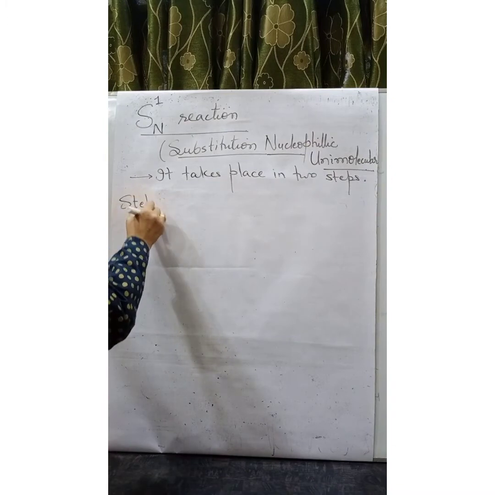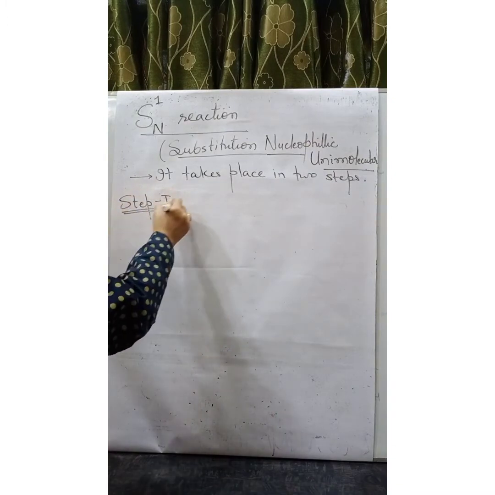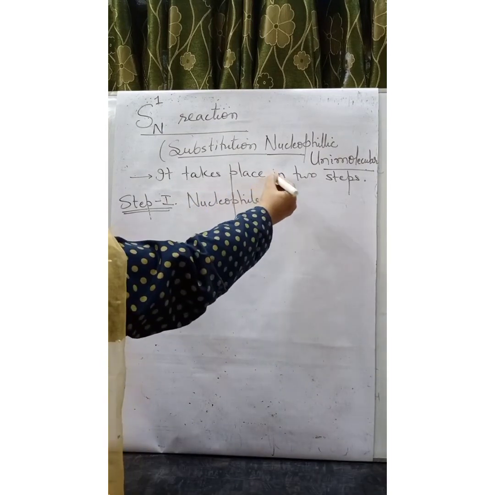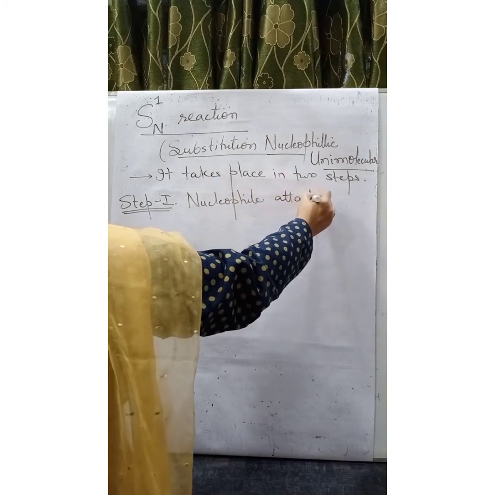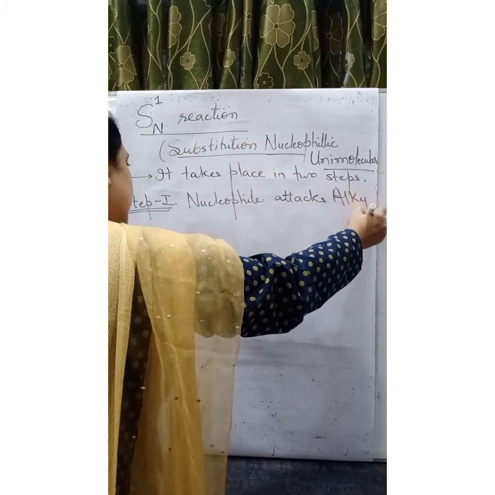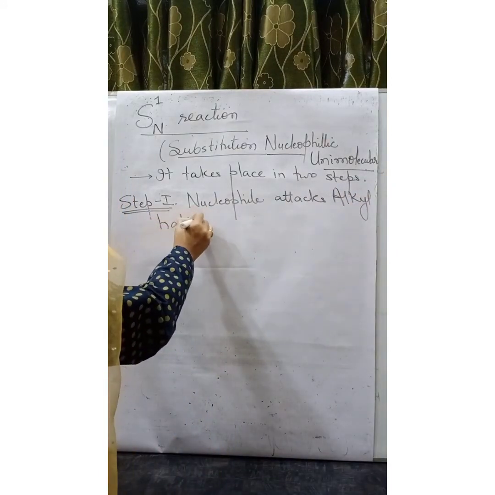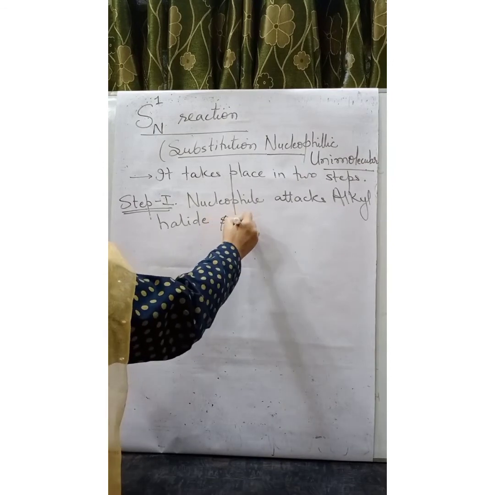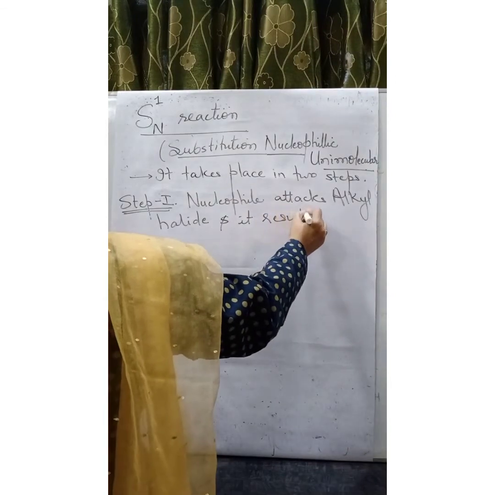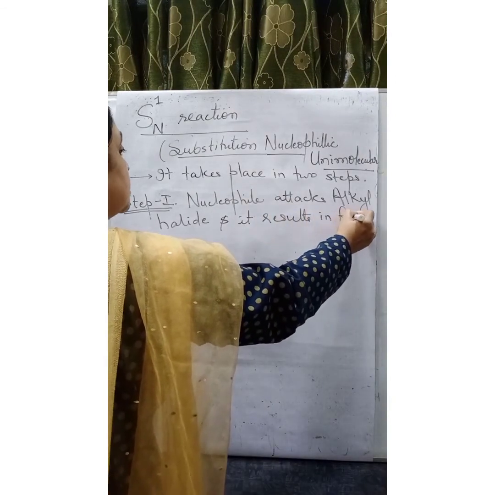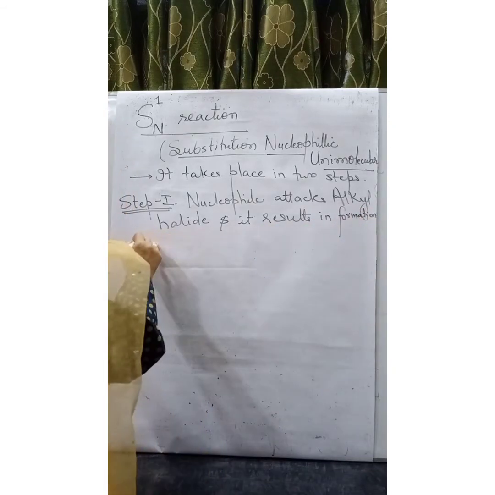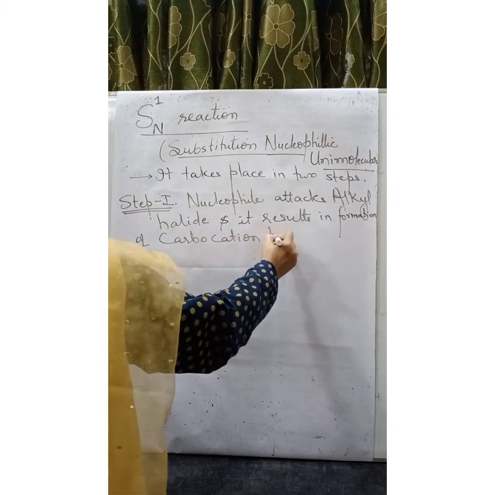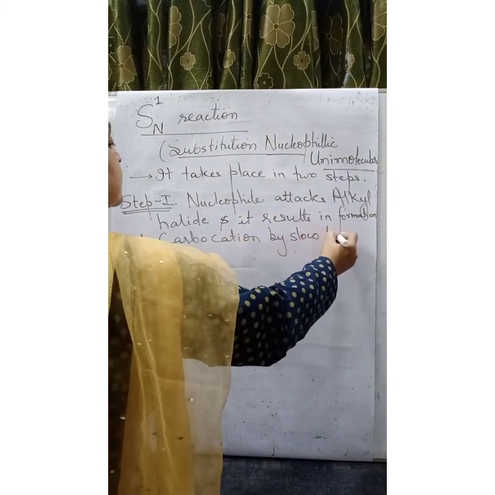In step number 1, the alkyl halide results in formation of a carbocation by slow hydrolysis.